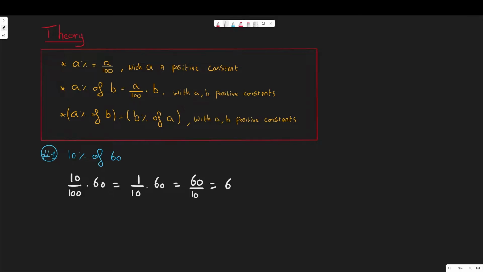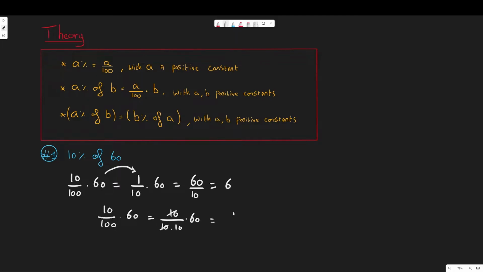When you find yourself having trouble with fractions, like going from this step to this step, then one thing I can recommend doing is the following. 10 over 100 times 60 can be written down as the following. Well, 100 can be written down as 10 times 10. So now the 10s will cancel.